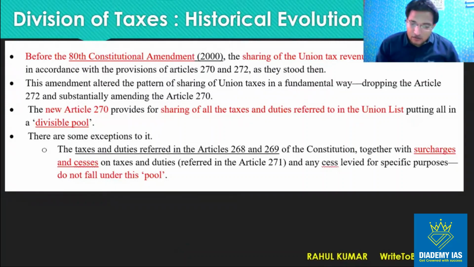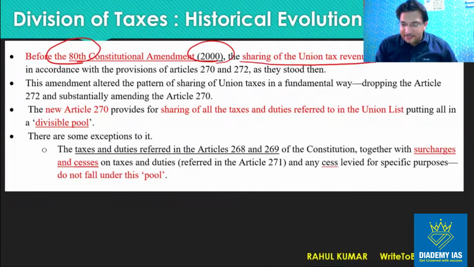So till 2000, that is the 80th constitutional amendment, sharing of the union taxes was done in accordance with article 270 and 272, right? So article 270 and 272 used to be the relevant articles for distribution of money.